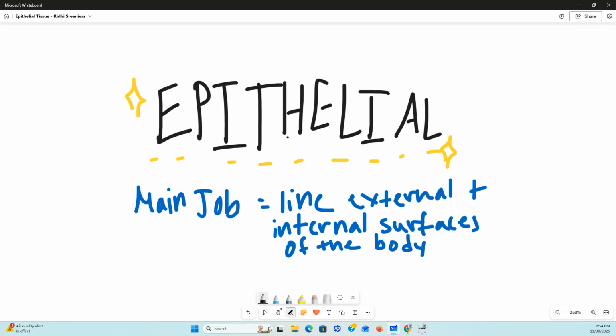So it lines our external surface of our body, while also it lines the multiple internal tracts of the body, like the digestive, urinary, respiratory, and reproductive tracts. So lining those internal surfaces of the body as well. But there are a lot more functions to it that we're going to talk about at the end of the video.